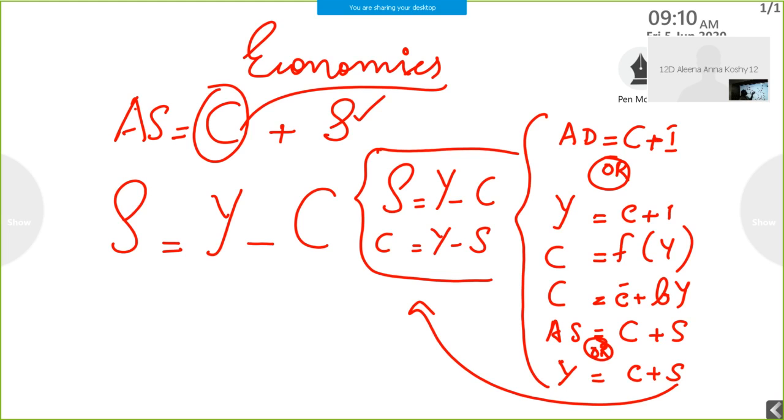Easily you can prepare. If you know AD is equal to C plus I, and like that AS is equal to C plus S, automatically you can solve other equations.